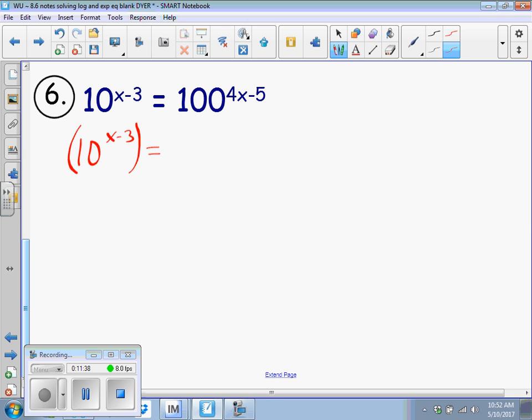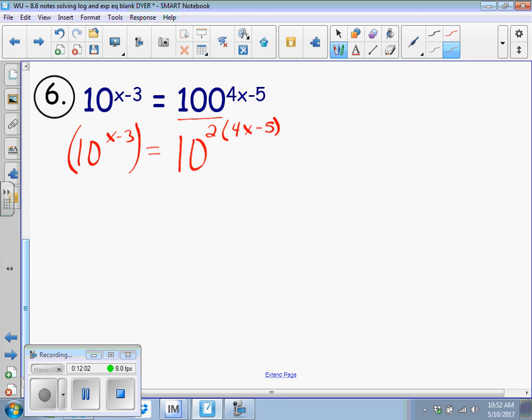So I'm going to do my little organization trick and put that in parentheses so that I keep that together. Now, 100 I'm going to rewrite as 10 to the second power. But I don't lose this 4x minus 5. So this is 10 to the second power, and then I still have that 4x minus 5.